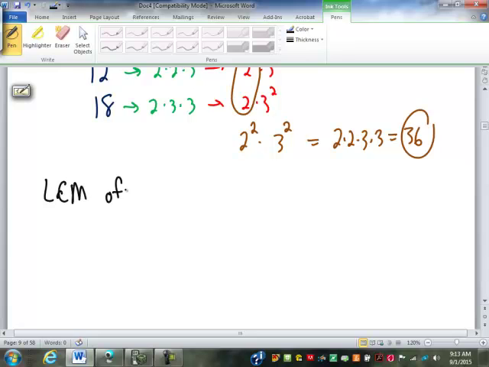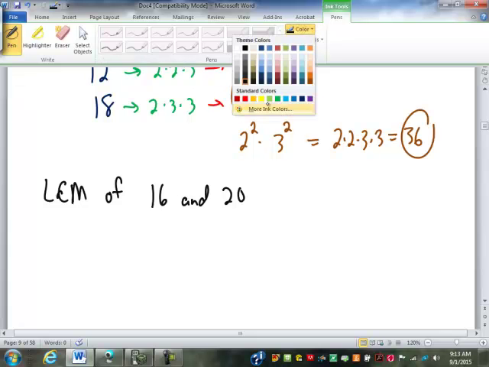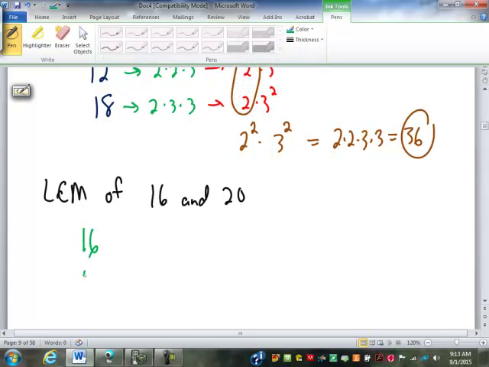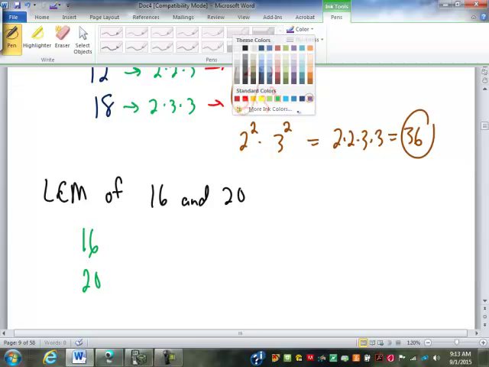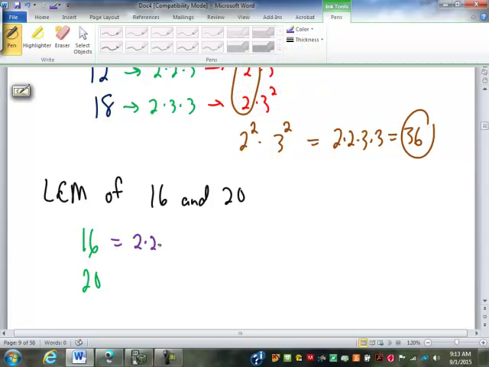Let's say I want to find the LCM of 16 and 20. So 16 and 20, if I factor them, 16 is just 2 times 2 times 2 times 2. 20 is 2 times 2 times 5. So what I'm looking at here is I have 2's and I have 5's that are factors.